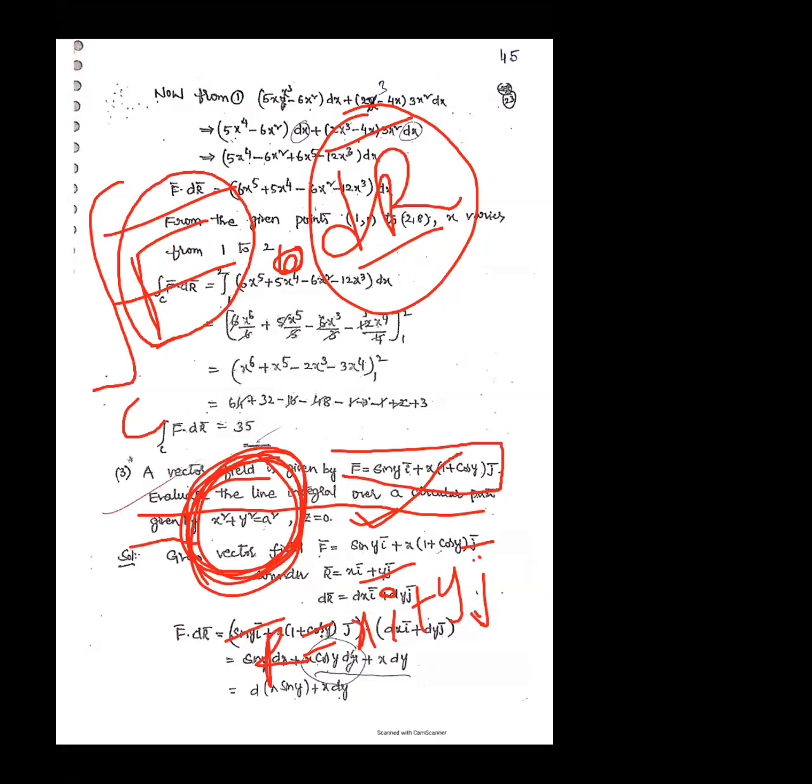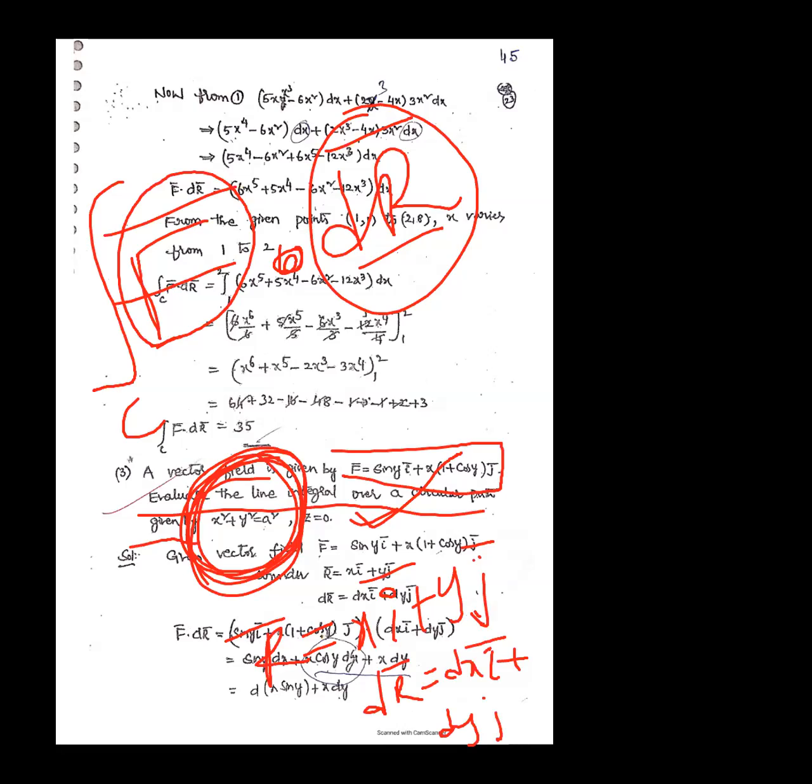Suppose F had a k vector coefficient, then I would take r bar as x i bar plus y j bar plus z k bar. But F has no k bar, so I assume r bar also has no k bar. Differentiating both sides, dr bar equals dx i bar plus dy j bar.